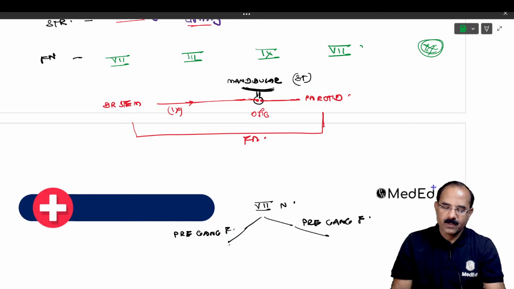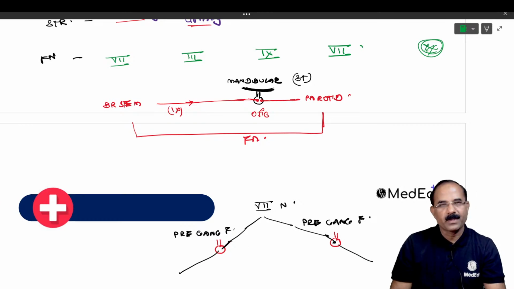Now this pre-ganglionic fiber would be coming to a ganglion. There are two ganglions in the facial nerve case. So these two pre-ganglionic fibers would be coming to these ganglions. And from here the post-ganglionic fibers would go to supply the gland. Now what is this ganglion? This is the pterygopalatine ganglion.